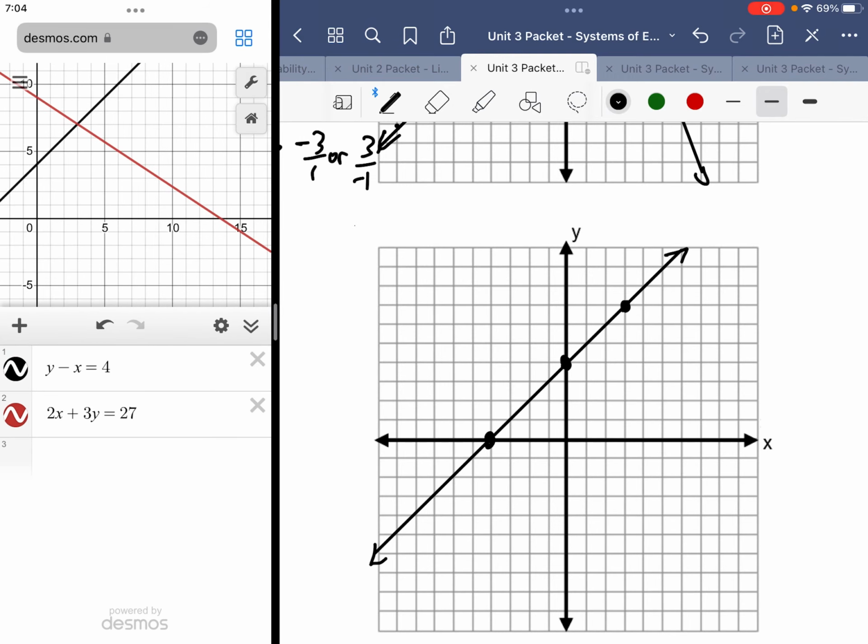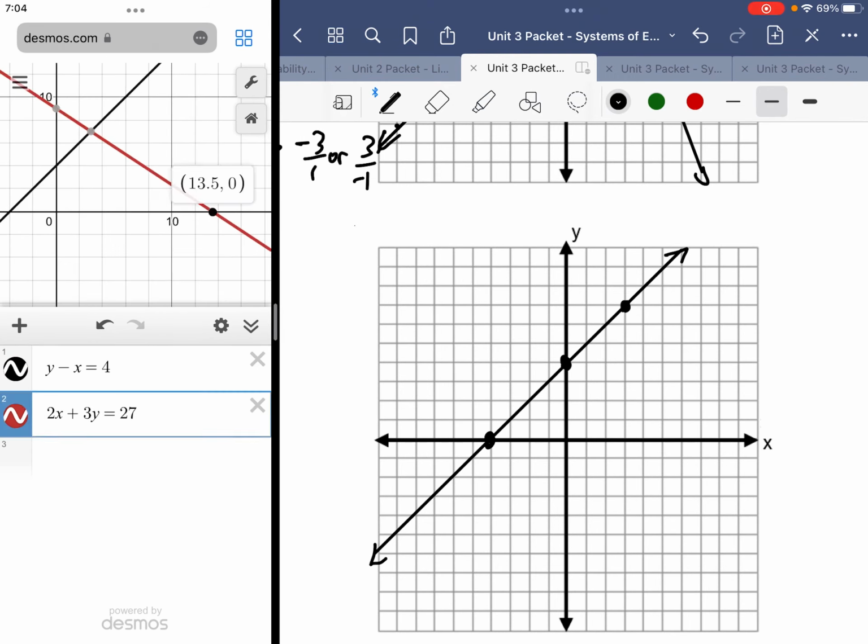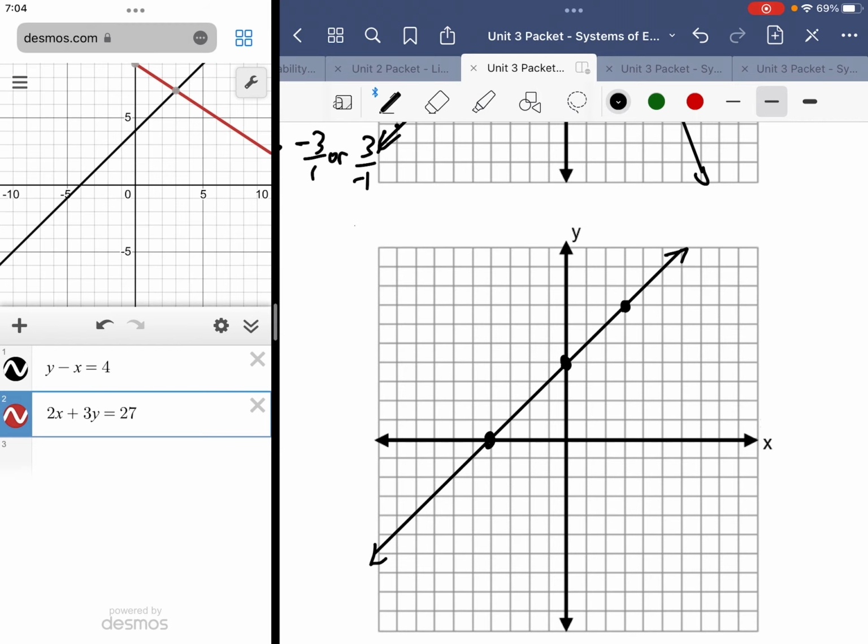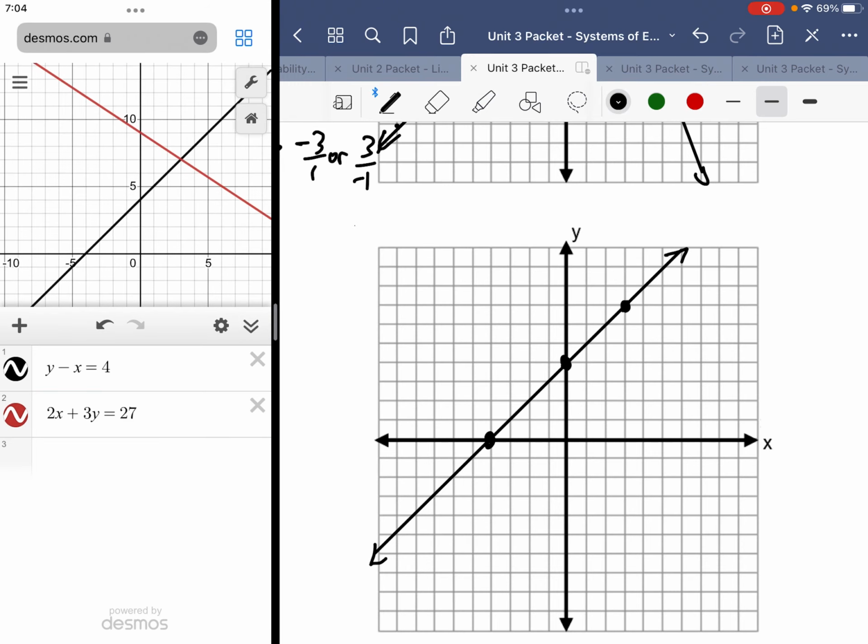Now the other line, we look at that one and we see it has an x-intercept of 13.5. Well, that's off the page. So we grab another point along the way, something convenient. Looks like we have a decent y-intercept here, (0, 9), and we know it's going to go through the intersection point.